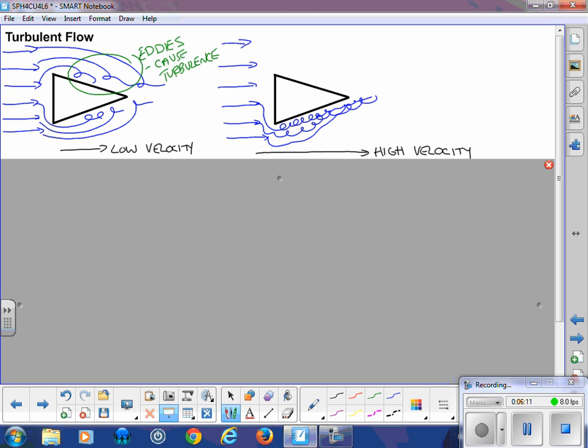All right, so those eddies, because it's a higher speed, more eddies are created and the intensity of the eddies is magnified, and what they experience is more intense eddies.